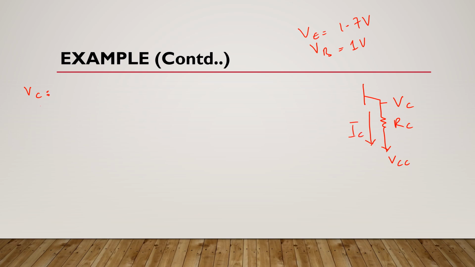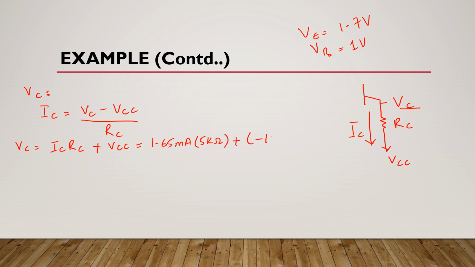So the equation of IC will be VC minus VCC divided by RC, because as you can see this VC is at higher potential here. If we rearrange this equation we get VC is equal to ICRC plus VCC. Here this IC is 1.65 milliamperes, this RC is 5 kilo ohms, and this VCC is minus 10 volts.